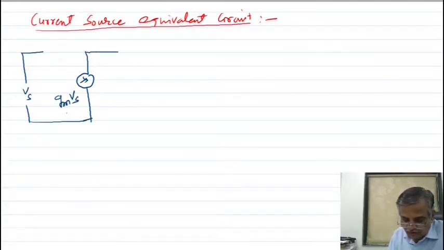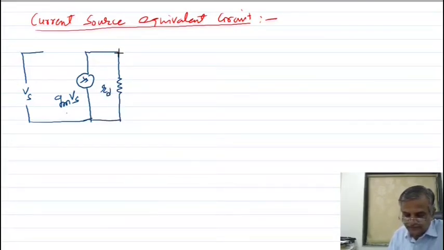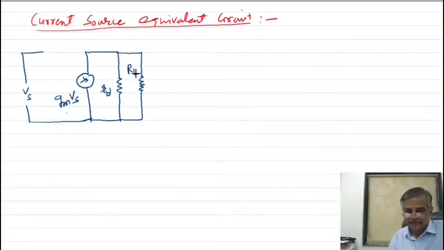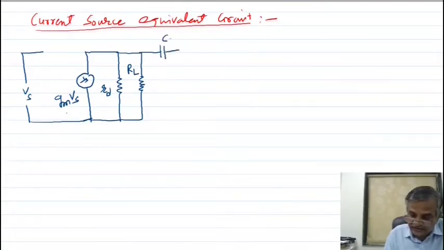For a current source, the resistor Rd must be in parallel, that I am showing you in parallel. Then this is your load resistor RL. Then I am showing you here the coupling capacitor CC.